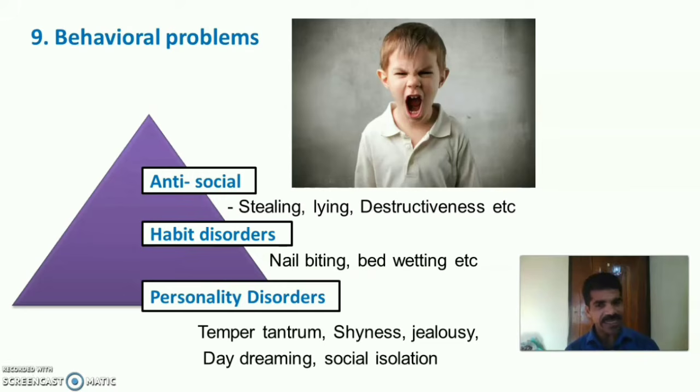Antisocial includes stealing, lying, destructive behavior, etc. Habit disorders include nail biting, bedwetting, etc. And personality disorders such as temper tantrum, shyness, jealousy, daydreaming, even social isolation. So these are the behavioral related problems, and these are the 9 common problems in school children.